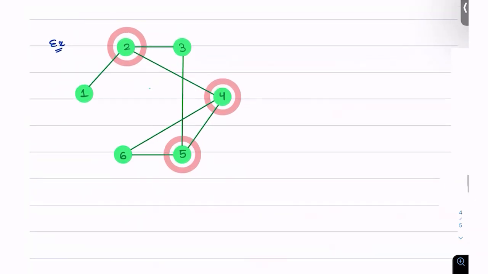Let's go back to this example that we have already seen several times. Let's try to calculate what should be the eigenvector centrality. So please pause the video here, calculate what is the dominant eigenvalue, and associated to that, what is the corresponding dominant left eigenvector, and that gives us our centrality scores.